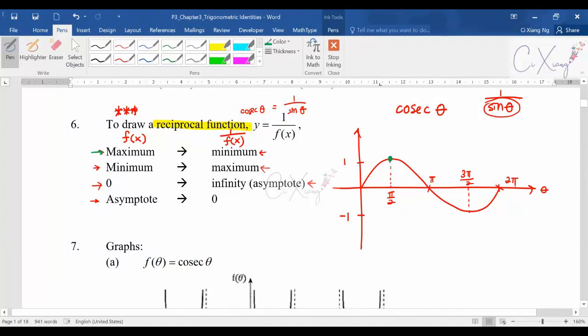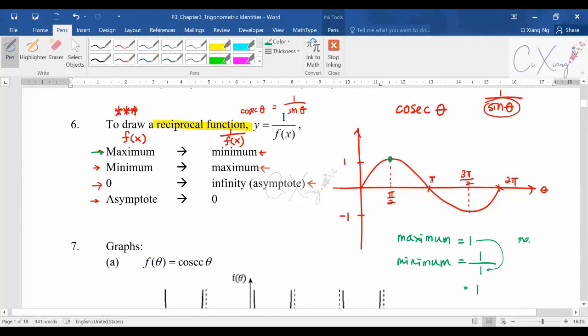At this part, the maximum point will be converted to a minimum point. The maximum value is 1, right? When you convert it into a minimum, it will be 1 divided by the 1 you put here, so it is still 1.